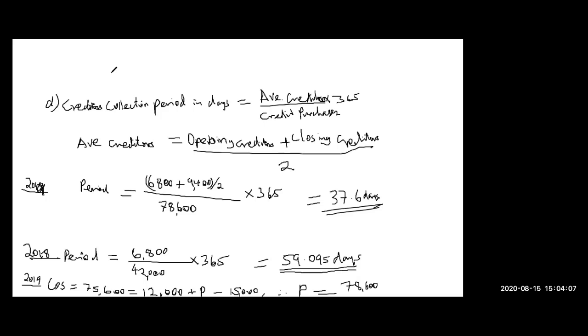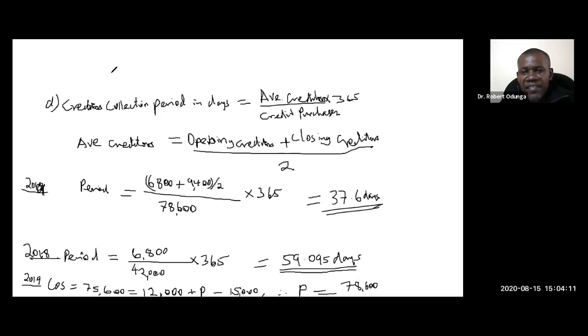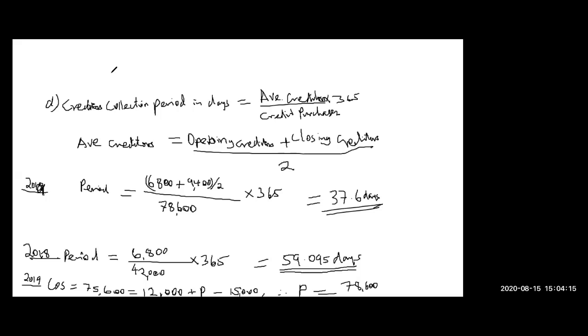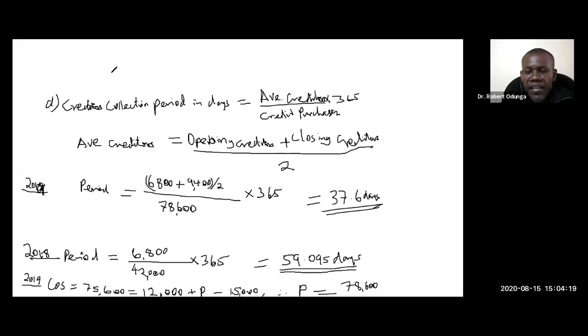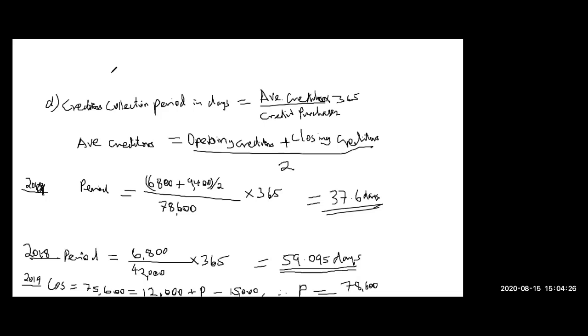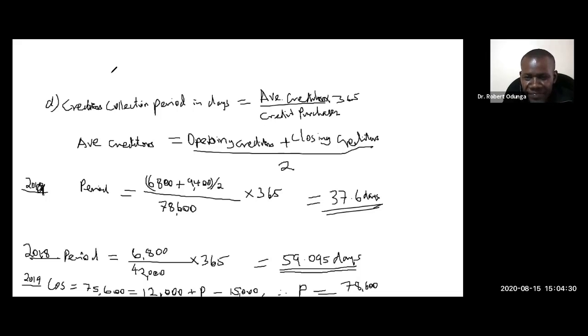You know, now this is the days you are given by creditors to pay them. You can see the days you are given by creditors to pay them has reduced, which means we have to tighten our belts to pay them in a shorter time than the time they used to give us. So it's hard on our side.